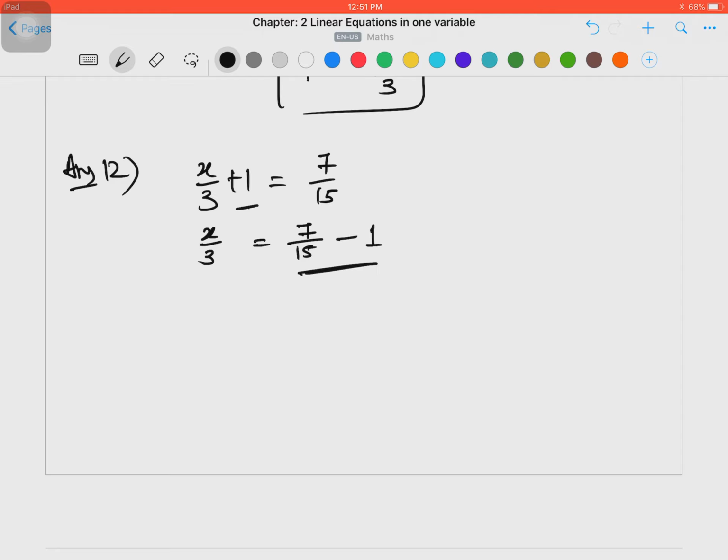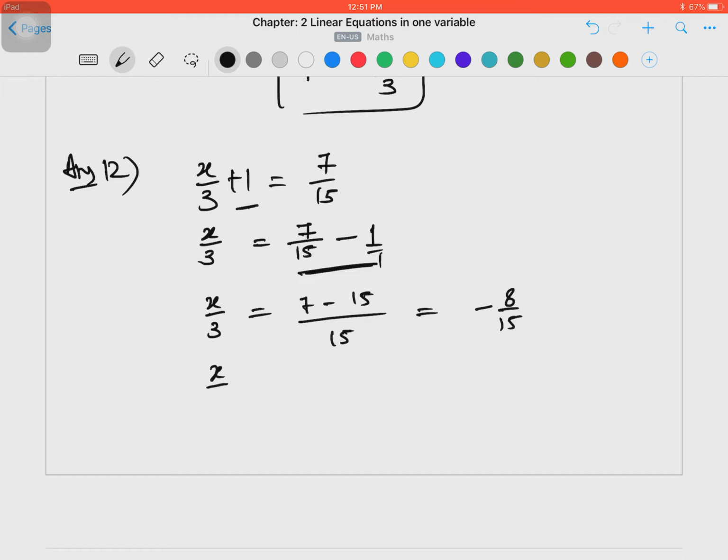So first we will solve this term, keeping this x by 3 here onto the left hand side. So assuming 1 here, taking the LCM of 1 and 15 will be 15, so it will be 7 minus 15, and this will be minus 8 by 15.